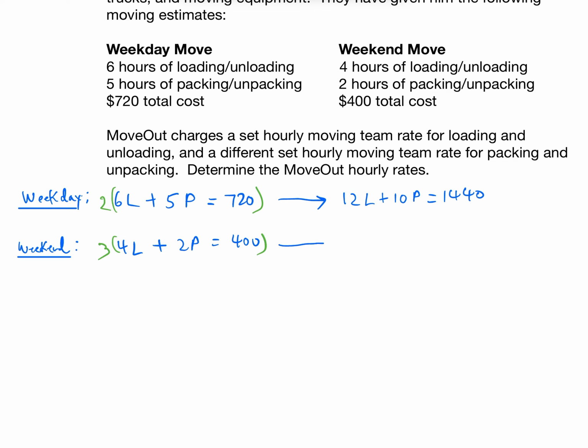And then for the second equation, multiplying the whole thing by 3, we get 12L plus 6P is equal to 1200. Okay. Now, what we're going to do is subtract this from this equation. Okay. So we subtract this entire equation.